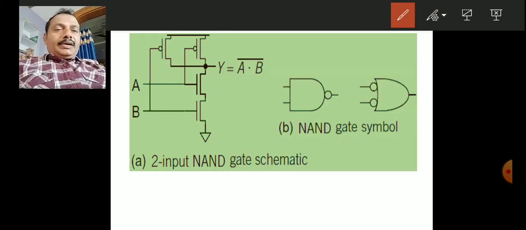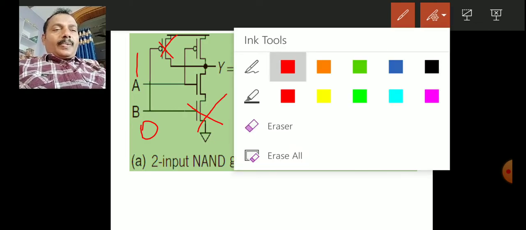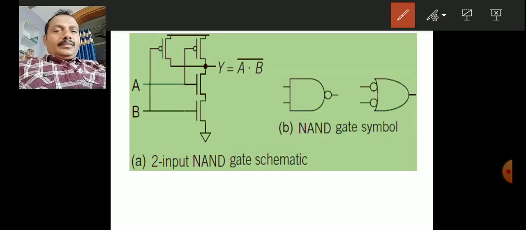Similarly, let us take 1 0. The same case: 1 0 means this is switched off, this is also switched off. Let us take this one coming to here, that means this is switched off.